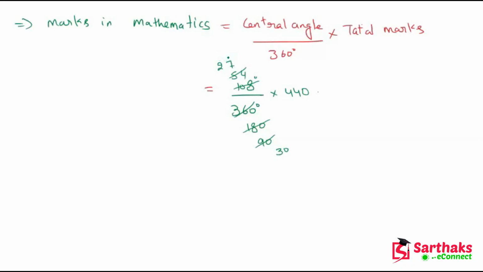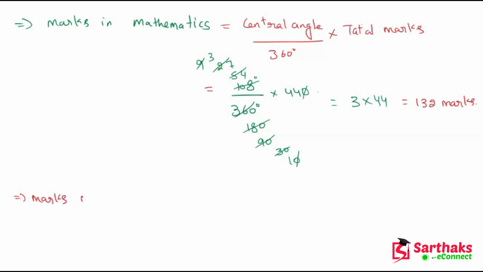We can divide 27 by 3 in 9 times. We can divide 9 by 3 in 3 times, and we can divide 30 by 3 in 10 times. And this 0 is cancelled. And here we have 3 into 44. Okay. So after multiplying this, we get 132 marks. So in mathematics, marks is 132.